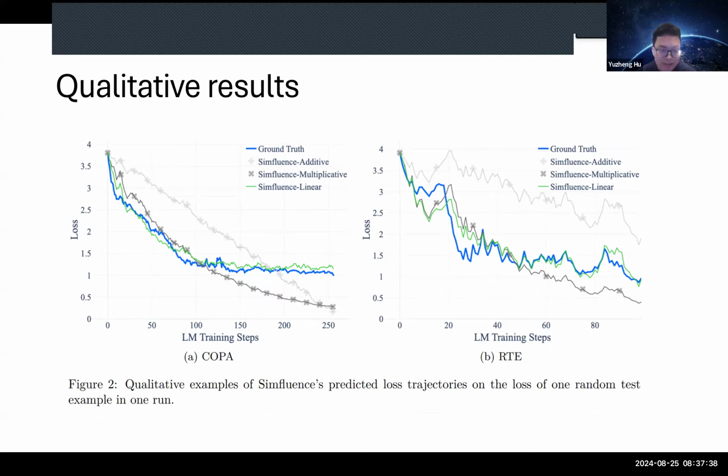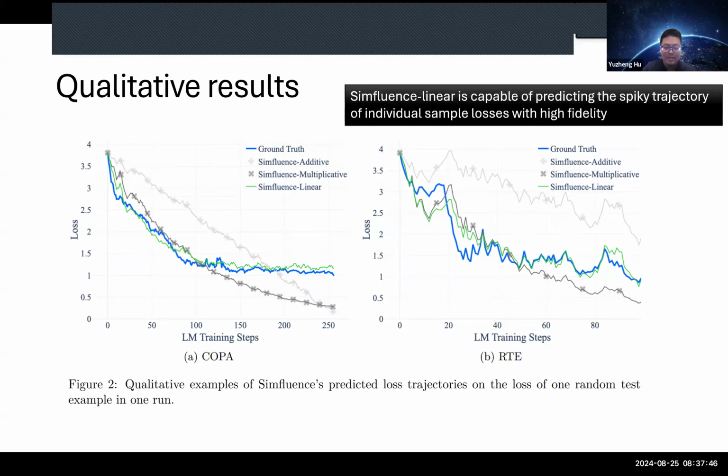Especially for the first figure, it's pretty clear that Simfluence linear performs surprisingly well, in the sense that it's capable of predicting the spiky trajectory of individual sample losses with very high quality and fidelity. It aligns really well with the ground truth.